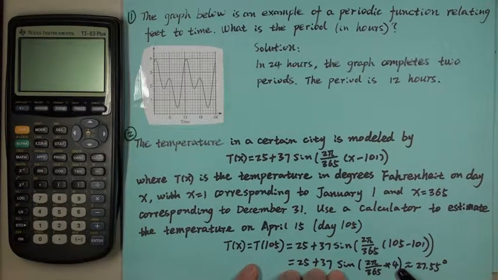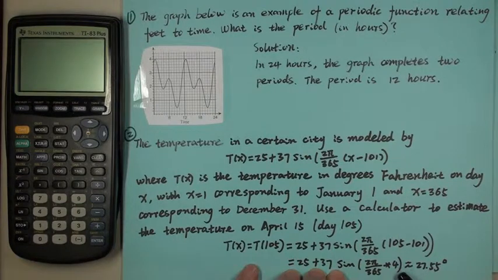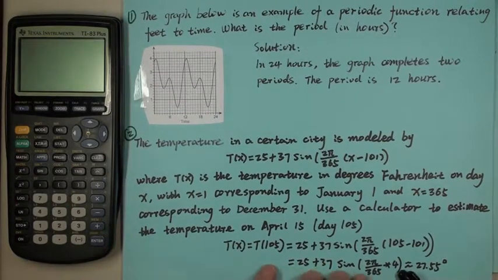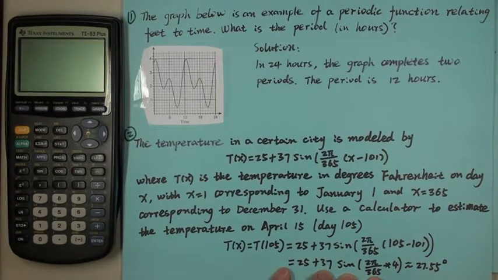Then we will have 2 pi over 365 times 4. Then you have to calculate this sine value, times 37 here, and then plus 25.